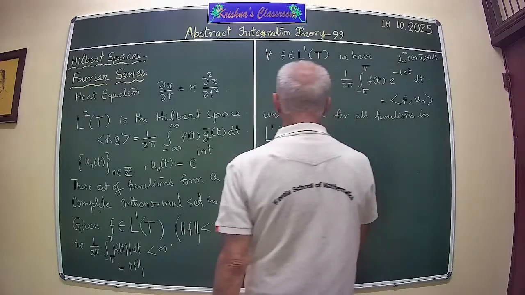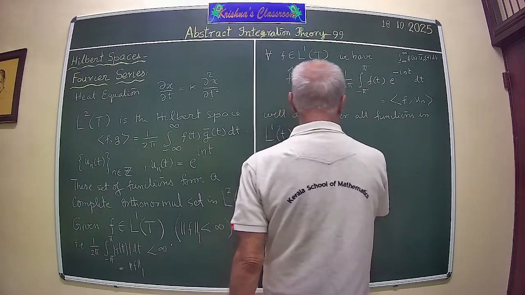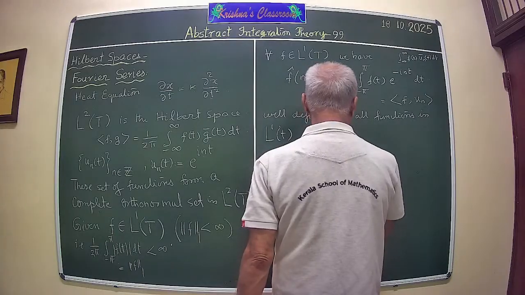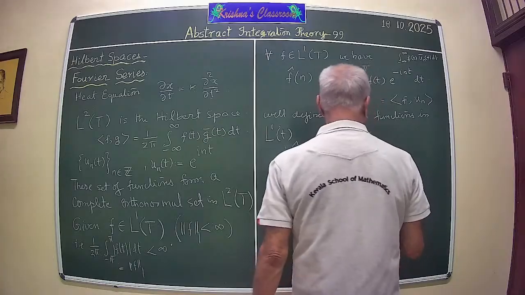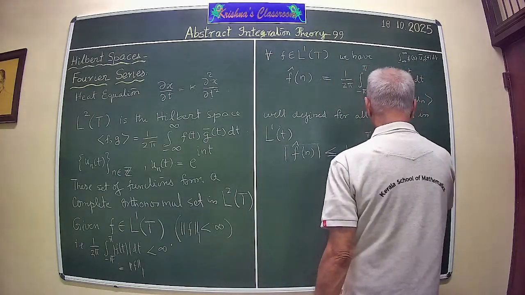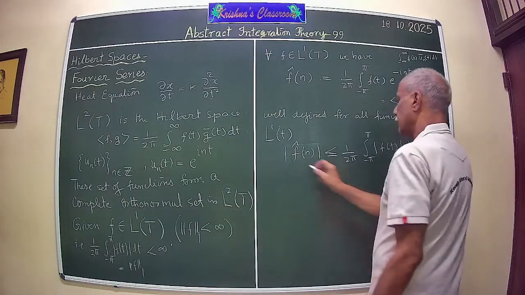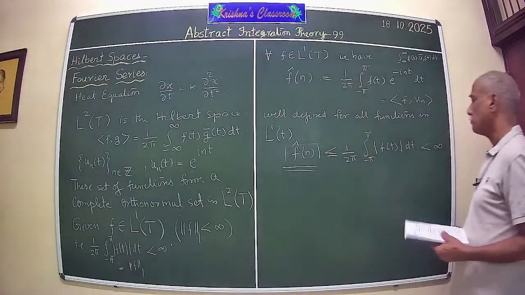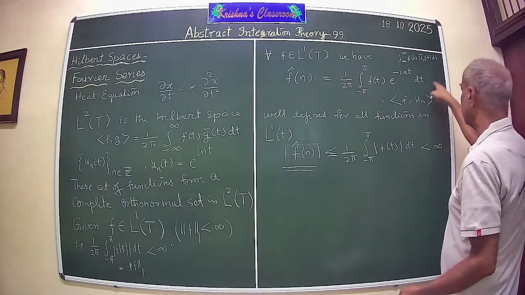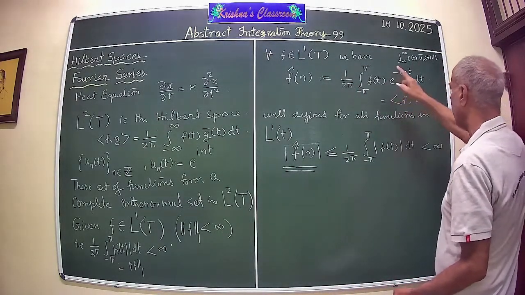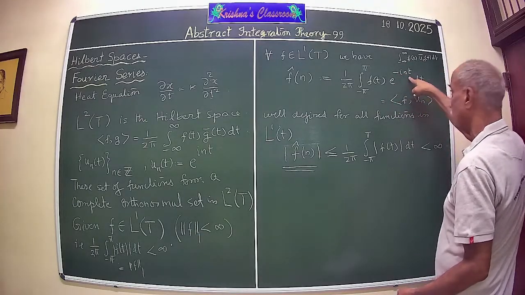Now you see that mod f hat n is less than or equal to 1 upon 2 pi integral minus pi to pi, and if this is finite, then you see that this is finite, because this is essentially the absolute value of this, which is less than or equal to 1 by 2 pi integral minus pi to pi mod f(t) into modulus of e to the power minus int, which is equal to 1.